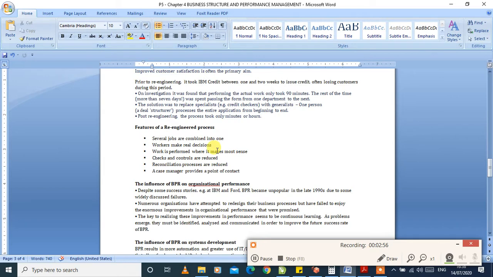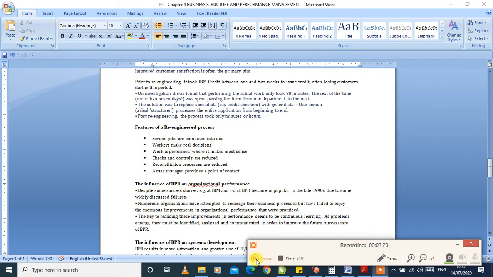Workers making real decisions means, guys, earlier sometimes your traditional system might be an autocratic system where you give the instructions only, where now the workers are going to think how we can improve the customer satisfaction, thinking like that within a certain degree of freedom, making their own decisions.